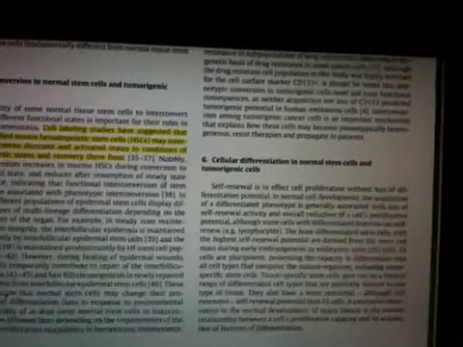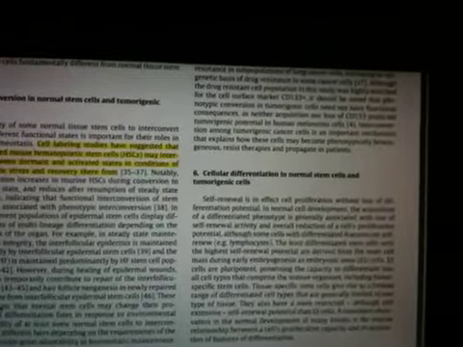Notably, CD34 expression increases in murine HSCs during conversion to an activated state and reduces after resumption of steady-state maintenance, indicating that functional interconversion of stem cells may be associated with phenotypic interconversion.